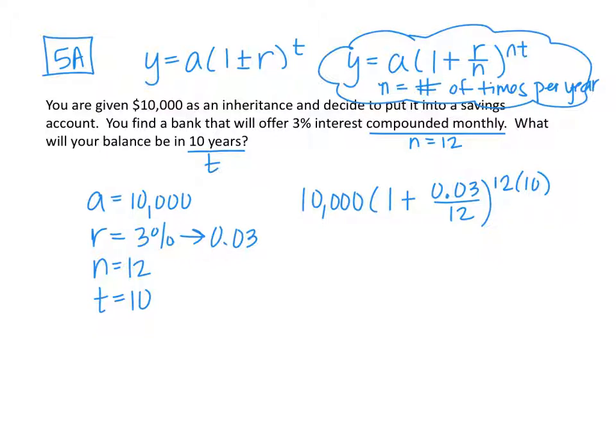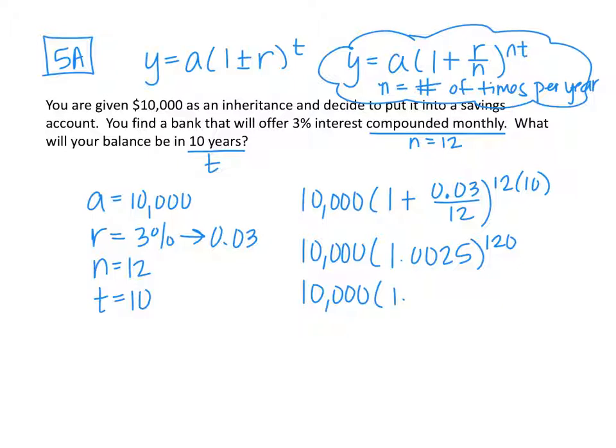You can plug that whole thing straight into the calculator, or you can simplify it one step at a time. If I simplify the parentheses, 1 plus 0.03 divided by 12, that's 1.0025, and 12 times 10 is 120. So then I can do 1.0025 to the 120th power. I'm going to go a bunch of decimal places.